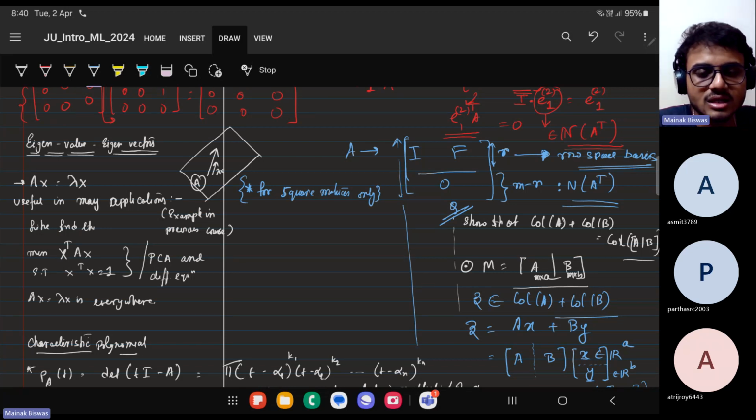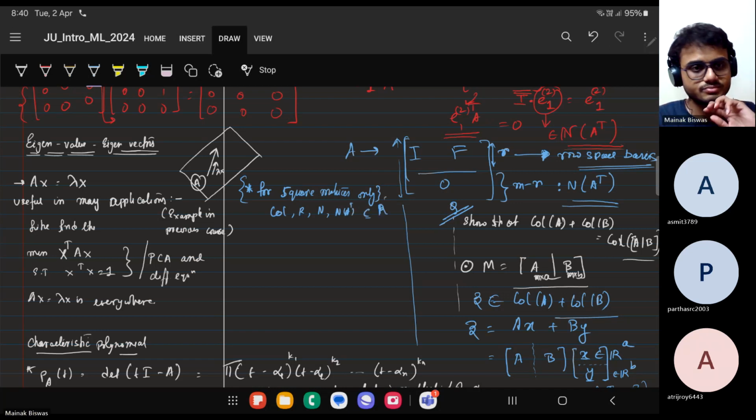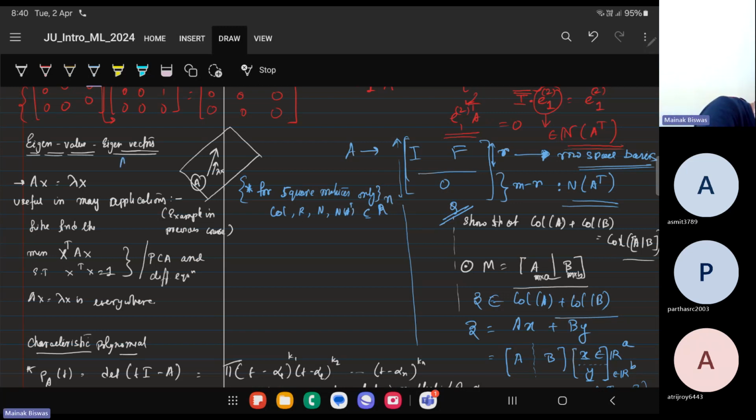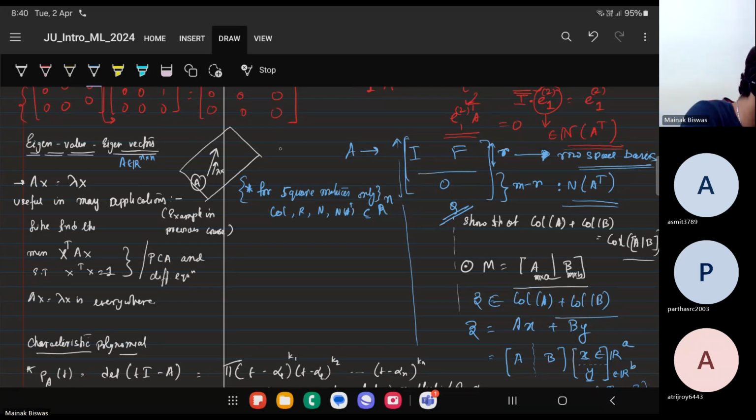So the questions we had asked in the first class: what happens to the column space and null space? All these spaces are the same, right? Column space, row space, null space and null space of A transpose are all subspaces of R to the power n. Yes or no? If A is an n cross n matrix, both rows and columns are n dimensional, right?